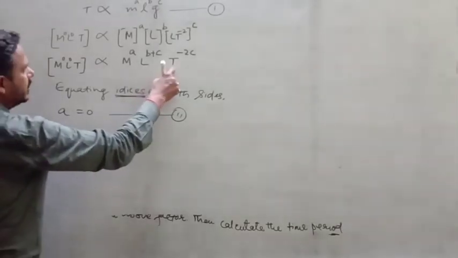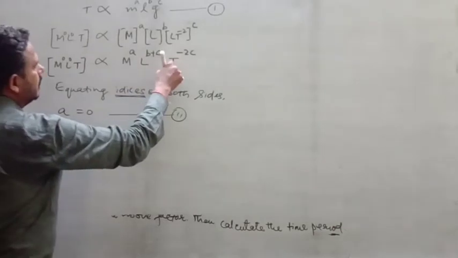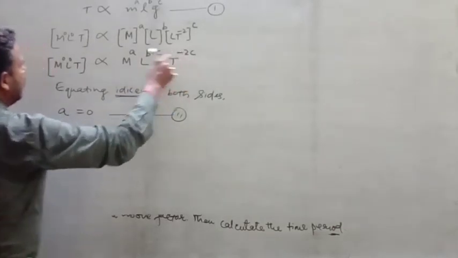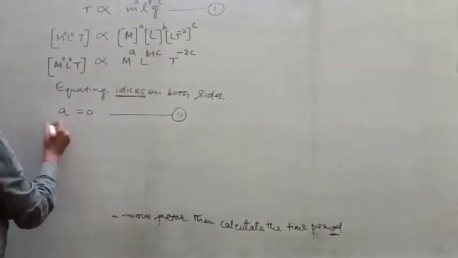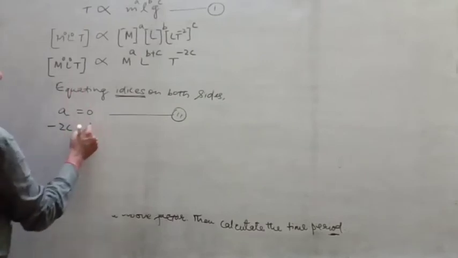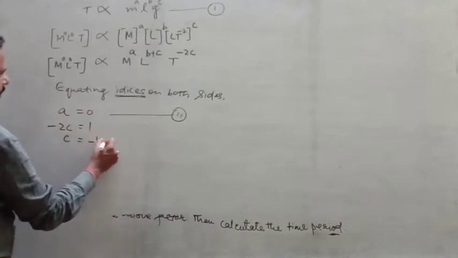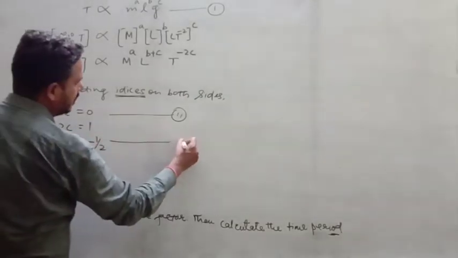Accordingly, you take T. Here it is T to the power minus 2c, but on the left T to the power 1. That means minus 2c is equal to 1, so c will be minus half. Next equation.